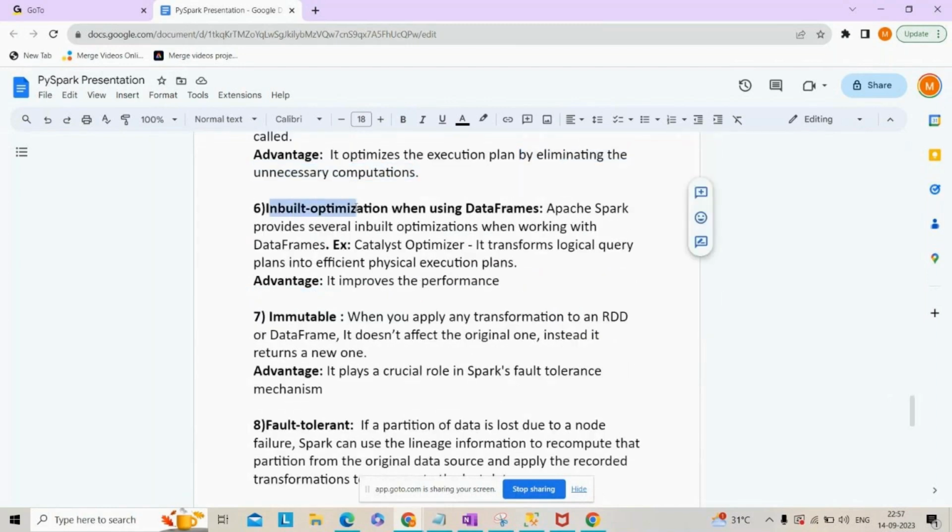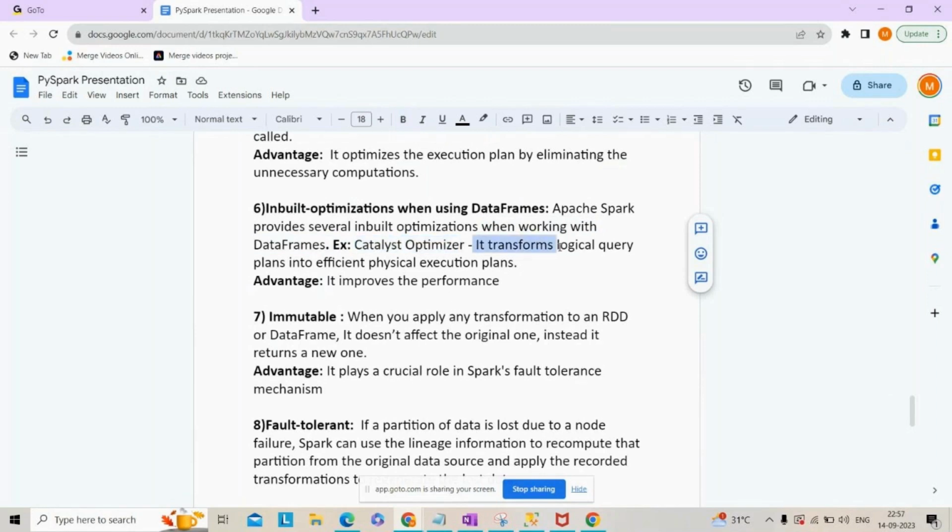Next feature, inbuilt optimizations when using data frames. Spark provides several inbuilt optimizations when working with data frames. One of the inbuilt optimizations, catalyst optimizer. What it does?